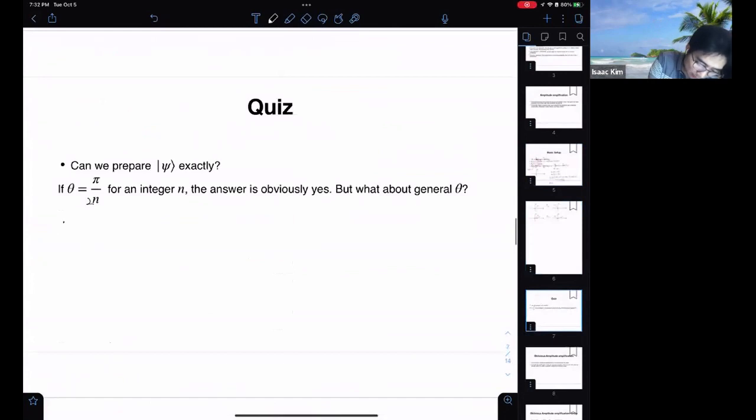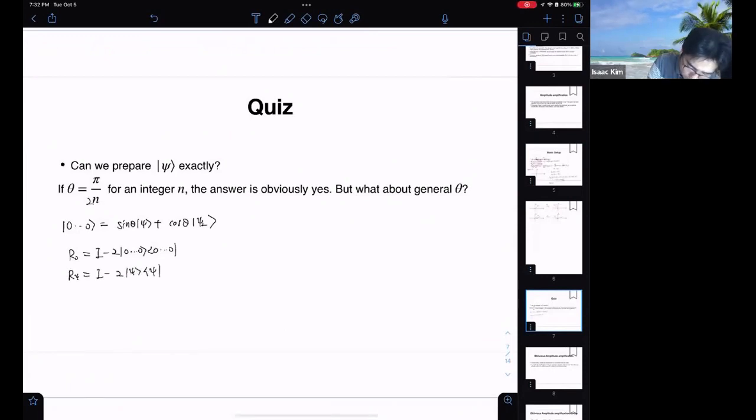And the idea is the following. This is our premise. And what do we have? We had I minus 2 that.